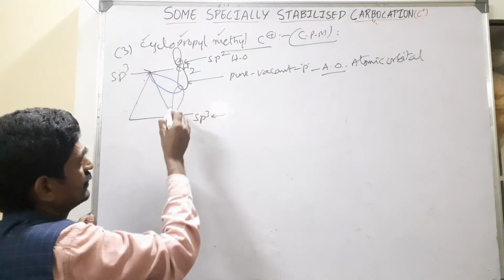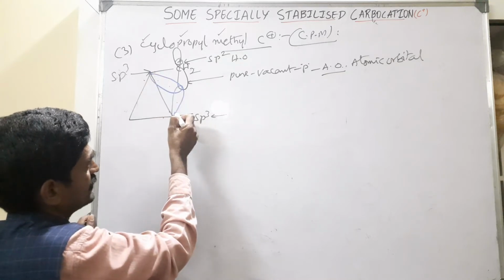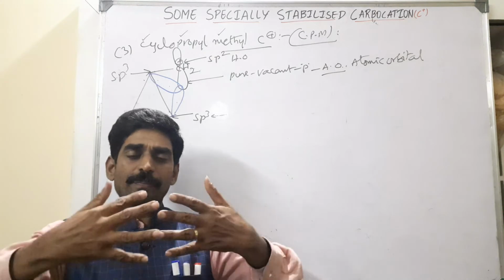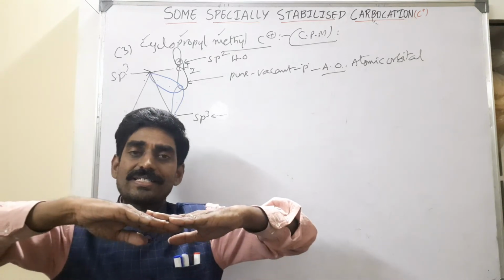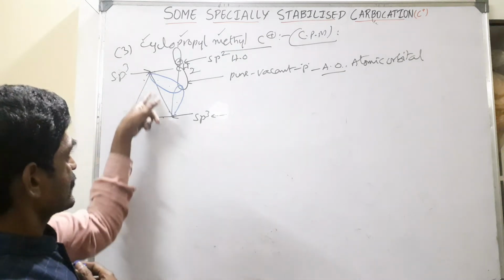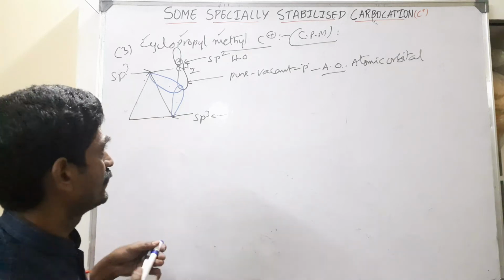This carbon provides sp3, this carbon provides sp3. These two sp3 hybrid orbitals overlap along the internuclear axis, and then you get a sigma bond. This is a sigma sp3 bond, right?